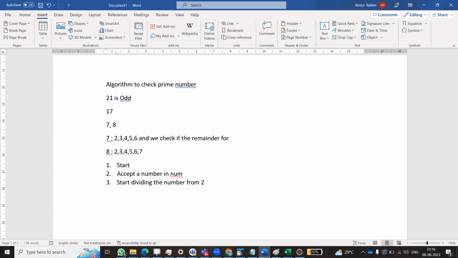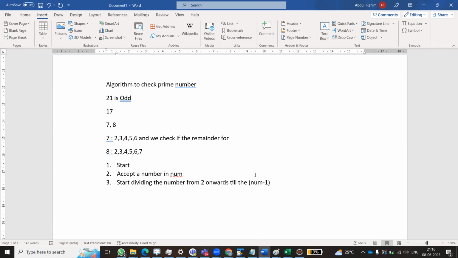I'll say start dividing the number from 2 onwards till the number minus 1. Because as we see, for 7, we'll go from 2 till 6. For 8, we'll go from 2 till 7, right? So I would tell a kid, start dividing a number starting from 2 till the number minus 1.